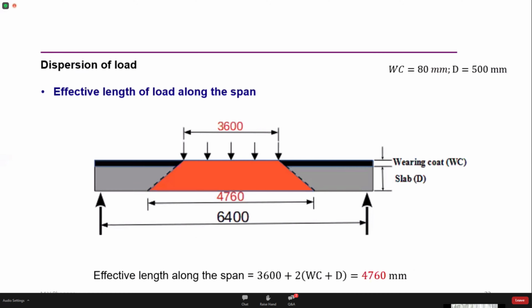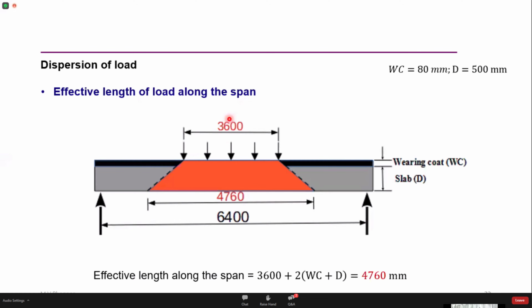So we'll take the first case, the dispersion of the load along the length of the span. Here I've taken this IRC Class AA wheel tracked vehicle and placed it at the center. The contact length of the wheel on the deck slab is 3.6 meters.